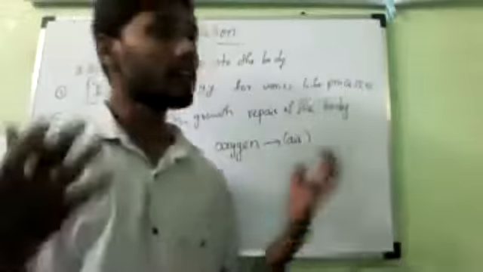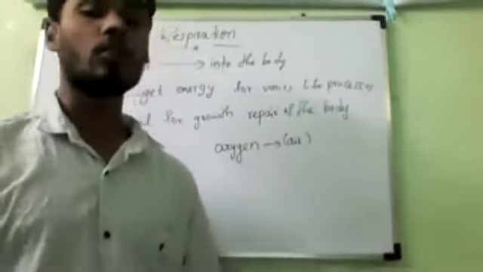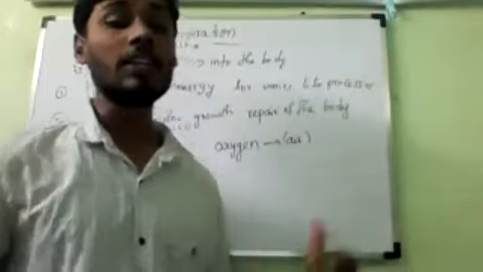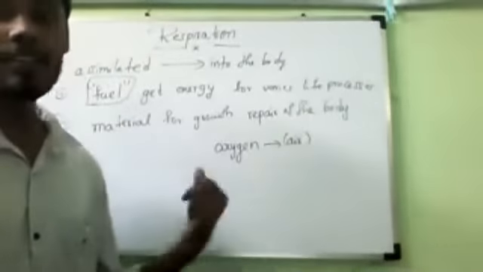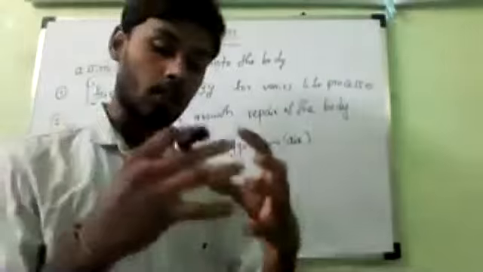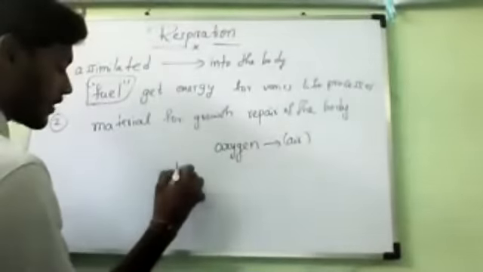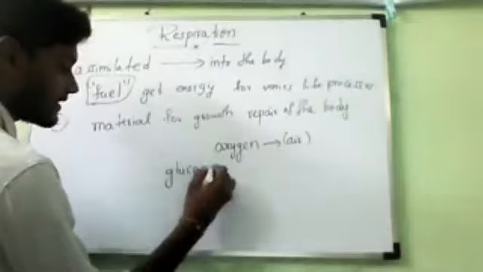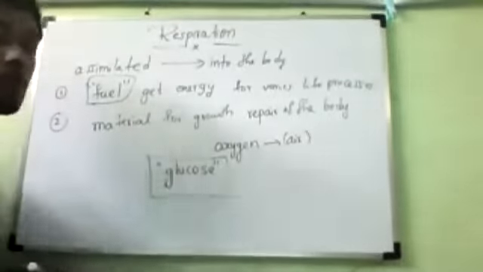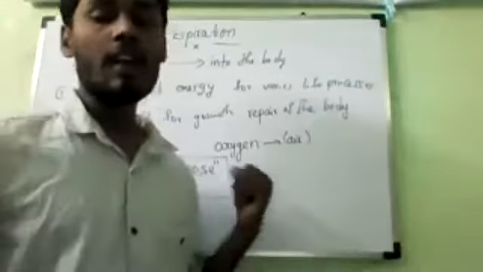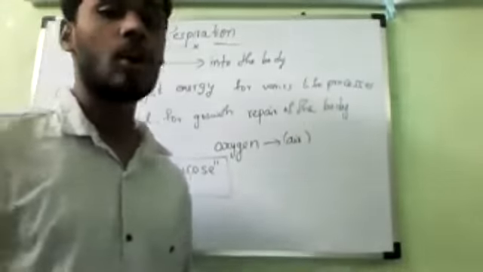Including us human beings, if this assimilated food is to release energy in the cells, we definitely need oxygen. This oxygen reacts with the food molecules. What do food molecules contain? Digested food, what? Glucose. So oxygen reacts with the glucose present in the body cells.